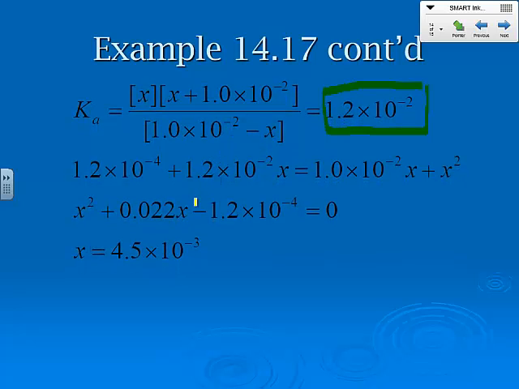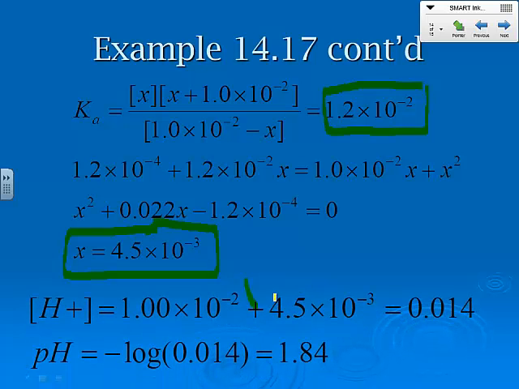Well, that's not 3 decimal places away, so I have to use the quadratic formula. I have no choice. You can find different sources where it will show it to you, but I have to work it out, and it should be 4.5 times 10 to the negative third for the second dissociation.